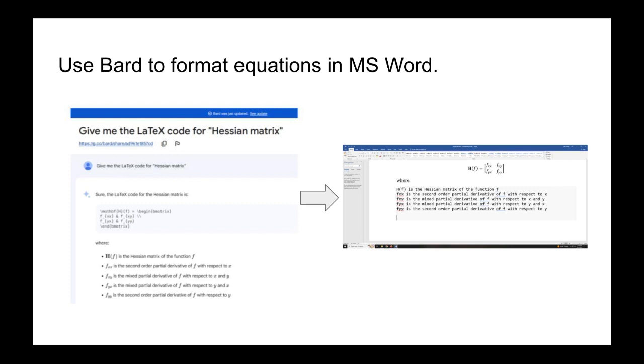I found it's very useful to ask Bard to generate LaTeX code for my equations. Like in this example, I asked Bard to generate a metric I use in my paper. It only took less than 30 seconds. I have the equation and the description of the variables. I think it saved me a lot of time.